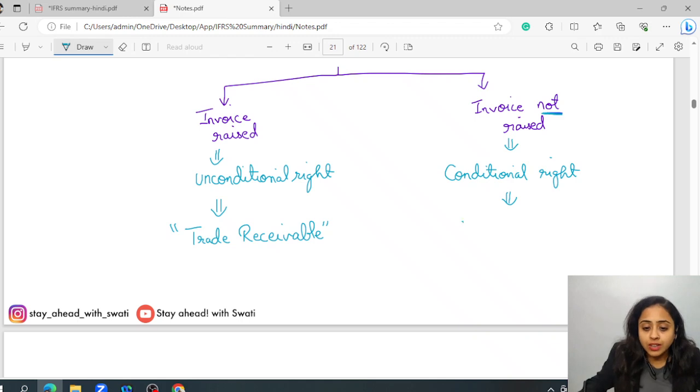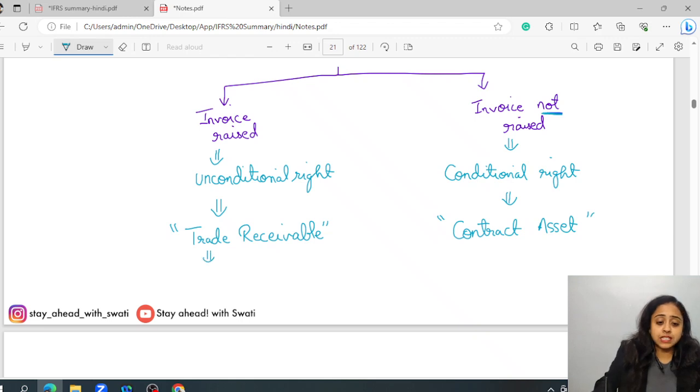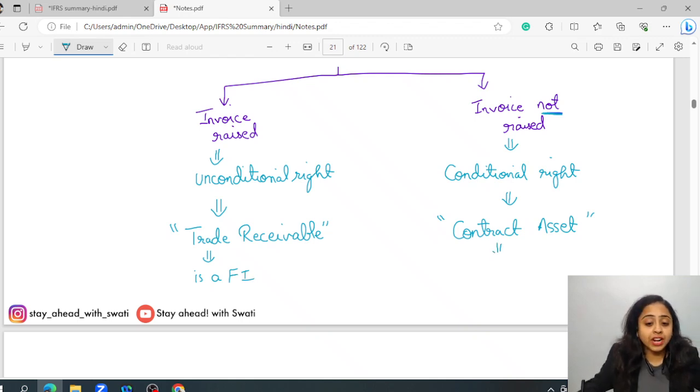So you have to record this as contract asset. One important thing: trade receivables is a financial instrument, whereas contract asset is not a financial instrument.